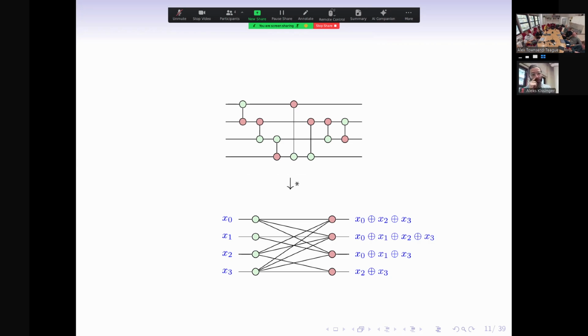But there is always an efficient way to get a C0 circuit out of here. I can write this as a matrix, and I can write C0s as primitive row operations, like elementary matrices.